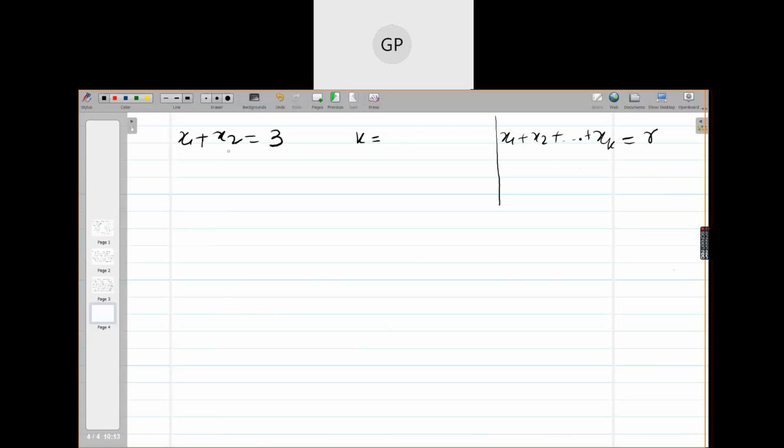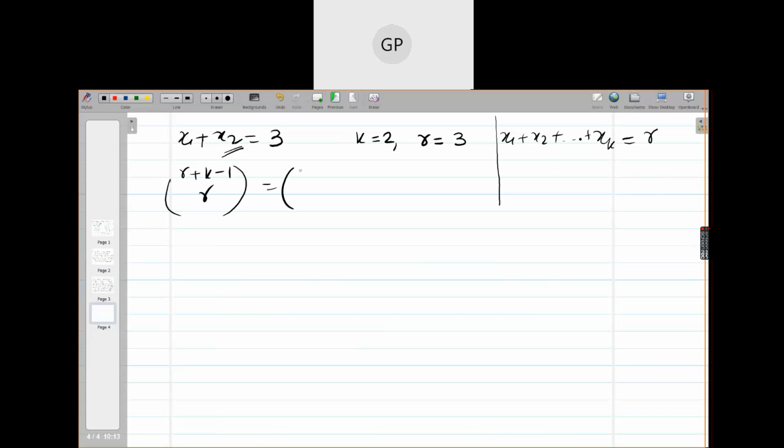x1 plus x2 we have. So what is k value here? 2. And what is r value? 3. Right? How many solutions should we get then? r plus k minus 1 C r.